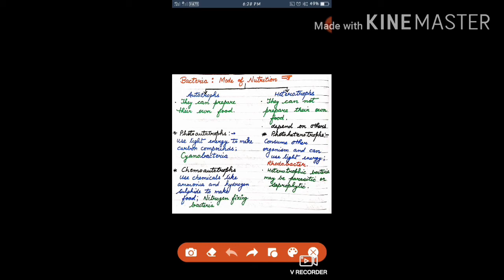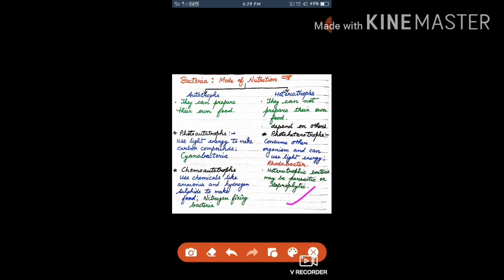The parasitic bacteria get food from other living organisms, whereas the saprophytic bacteria get their food from dead and decaying animals and plants. Now some more terms related to this topic.